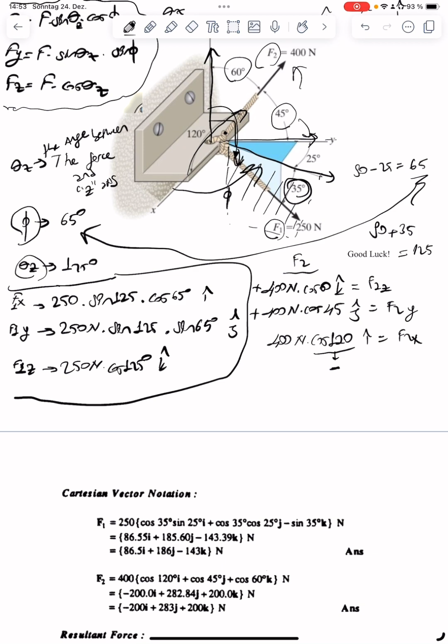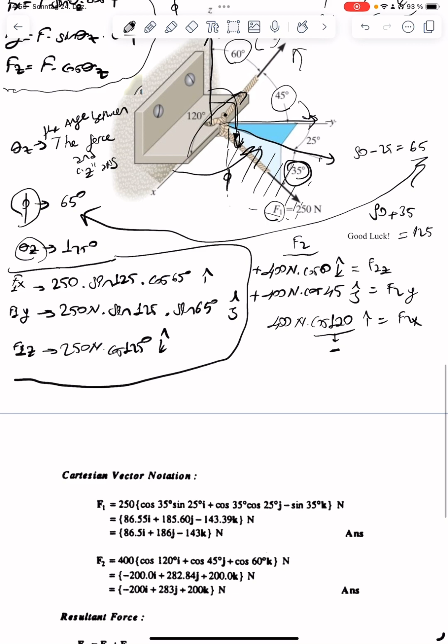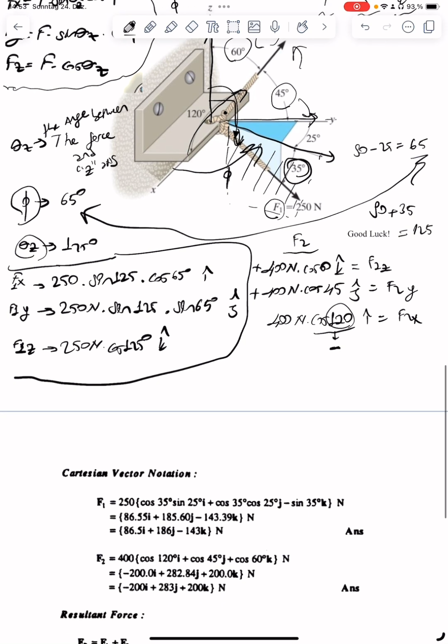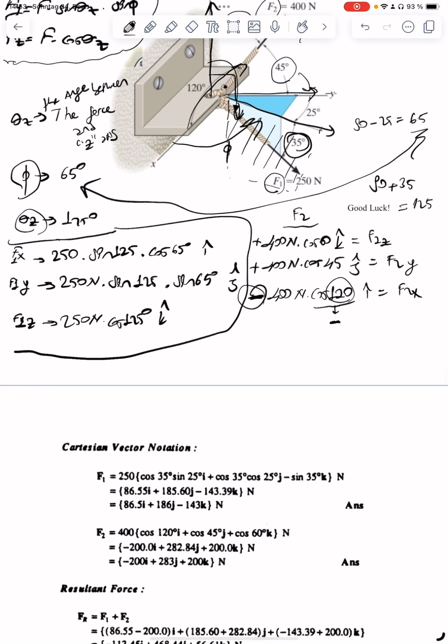We don't need to put an extra minus here, because if we use the large angle, the cosine formula is already minus, so it is wrong if I put a minus here. Don't do that.